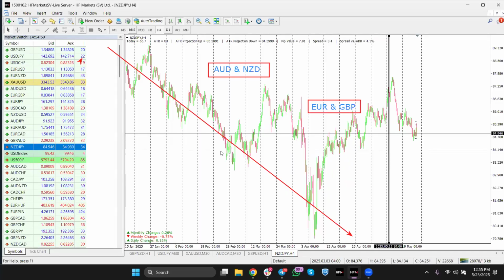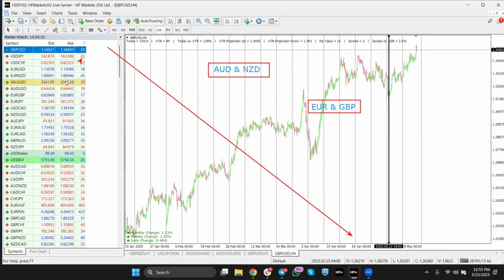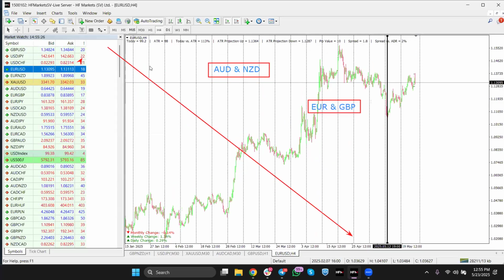Look at it. You almost will not tell which is which. Look at, for example, GBP/USD, and look at EUR/USD. The only difference is that GBP/USD is mostly more volatile, but the movement of the chart looks the same.